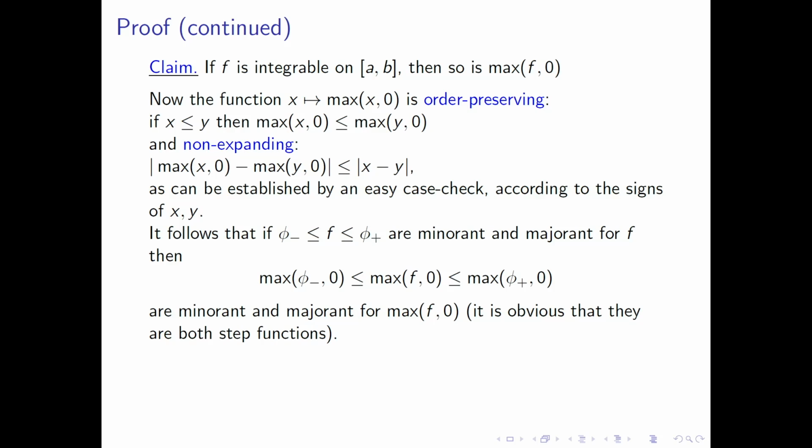But it wouldn't have been as efficient a minorant as I need. I want to try to show that the minorant max of phi minus and 0 and the majorant max of phi plus and 0 are efficient in that their integrals differ by a small quantity if the integrals of phi minus and phi plus differed by a small quantity.